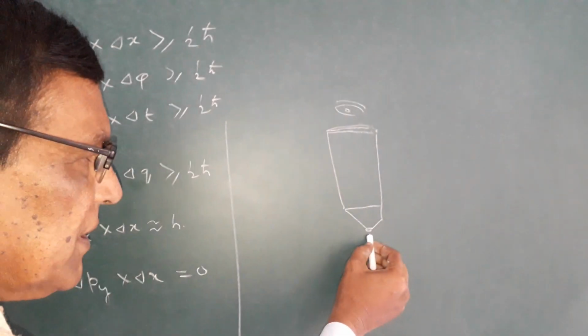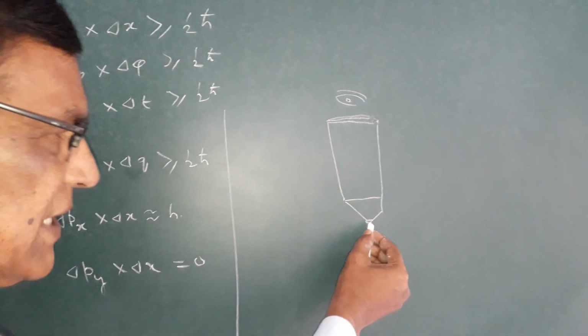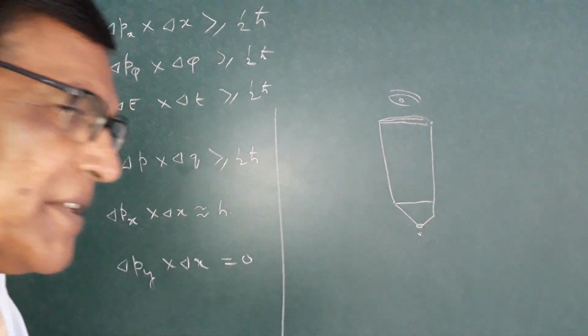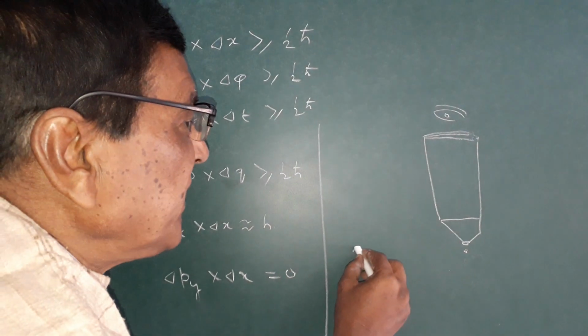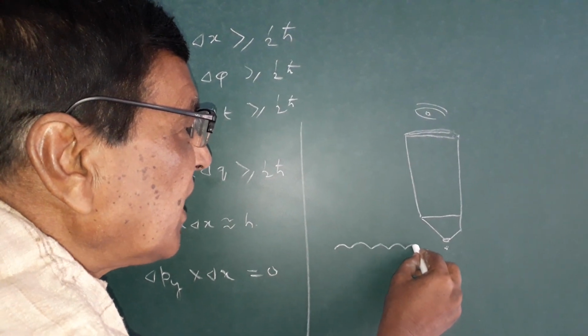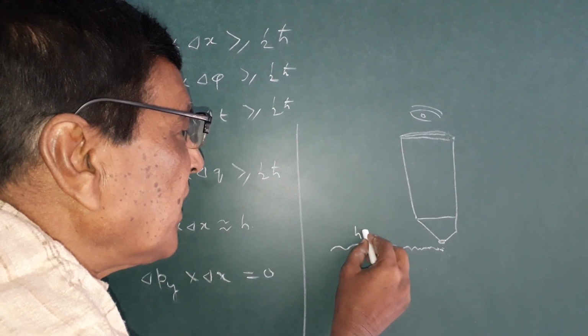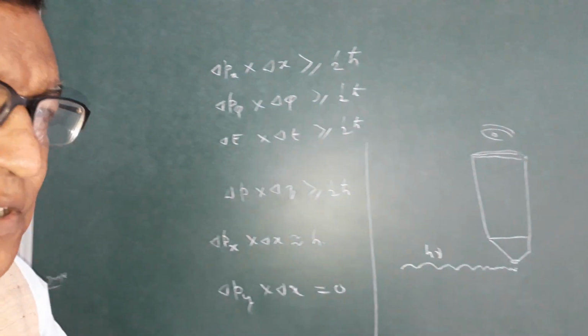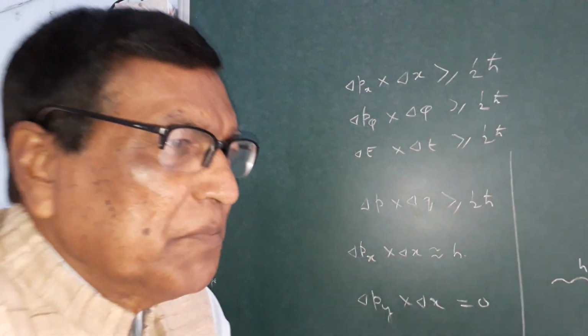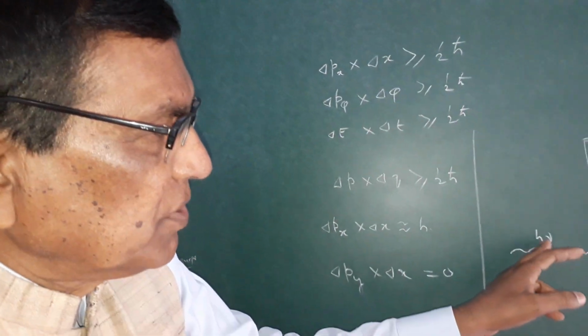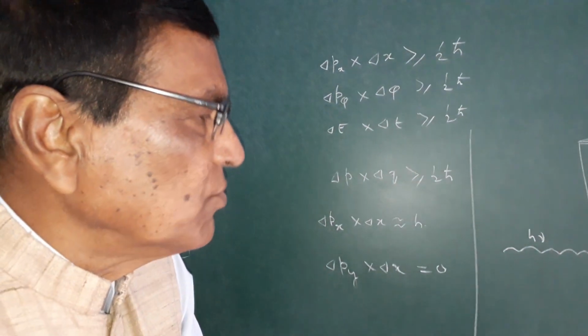For determining the position, one has to use another agency, and that is light. Light is used; this is h nu. According to quantum mechanics, light consists of photons, and each photon has the energy h nu.